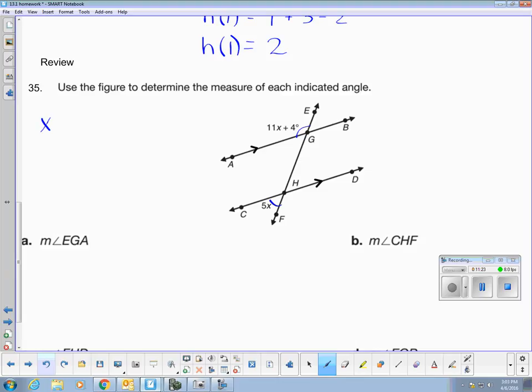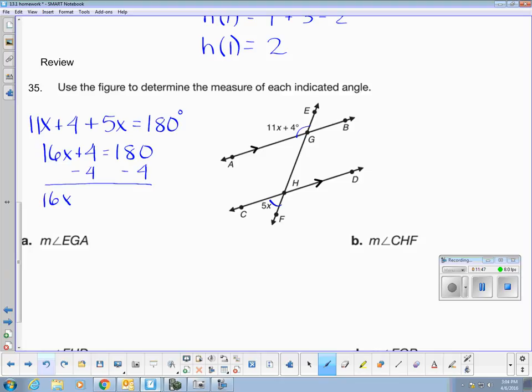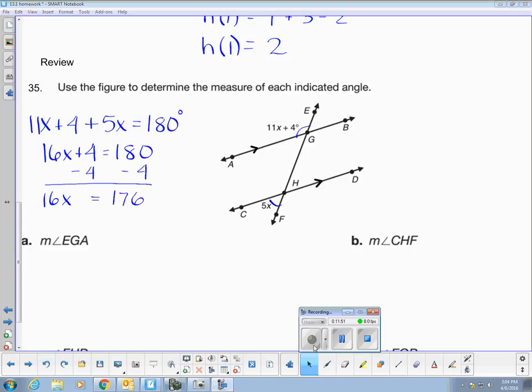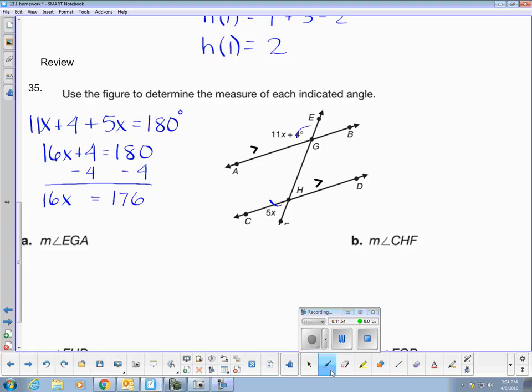So I do know then that 11x plus 4 together with 5x must equal 180 degrees since they are supplementary angles. So therefore x is equal to 11.